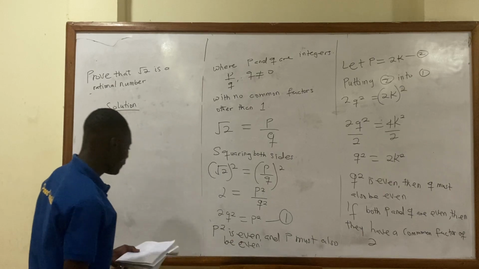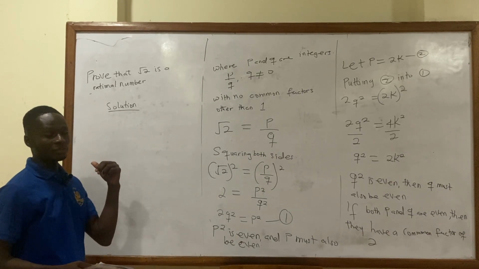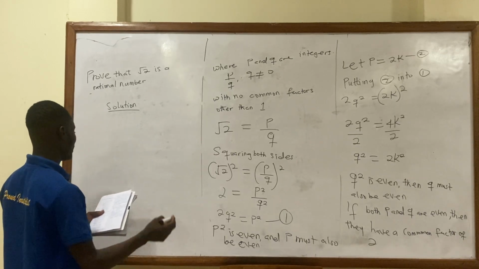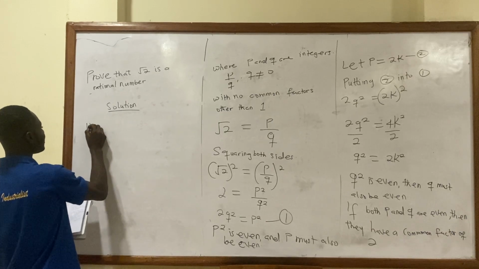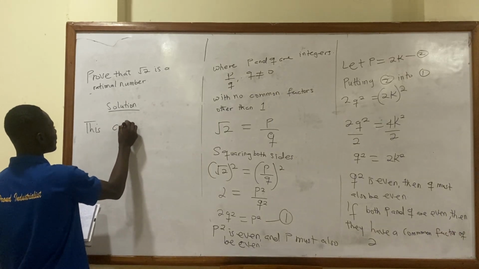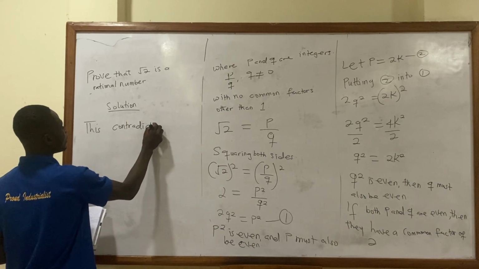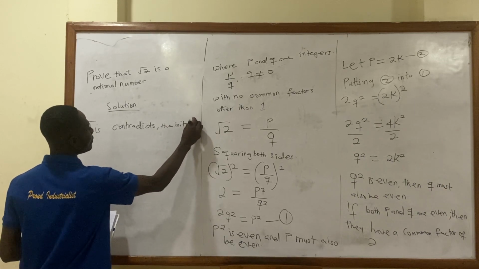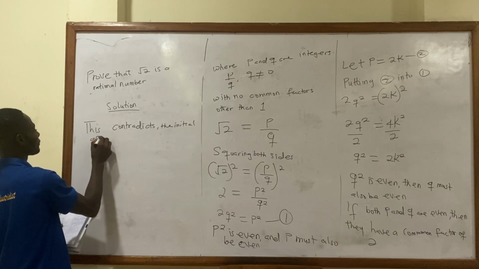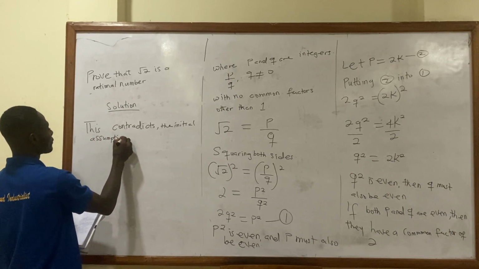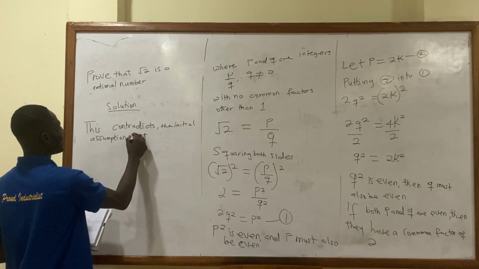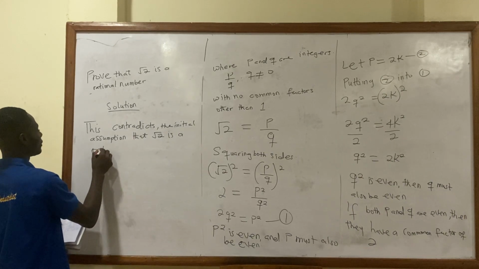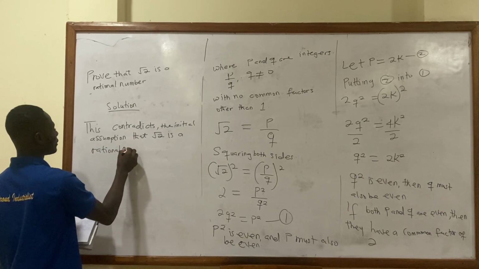So from there, we can say that this contradicts our initial assumption that root 2 is a rational number.